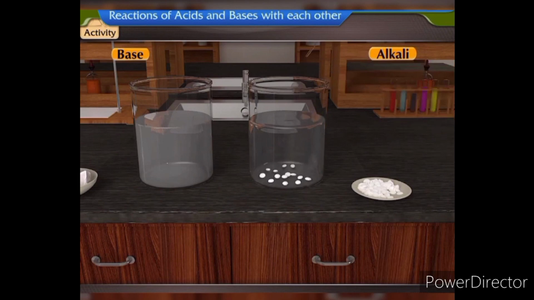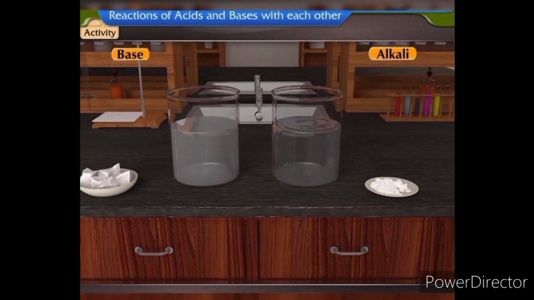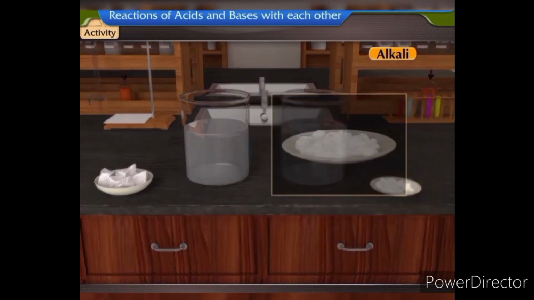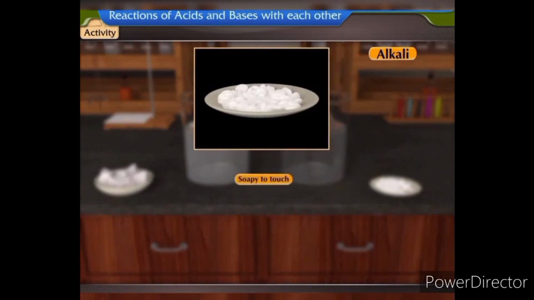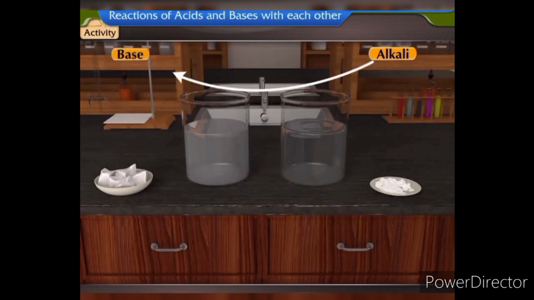The bases which dissolve in water are called alkalis. Alkalis are soapy to touch, bitter to taste, and corrosive. All alkalis are bases, but all bases are not alkalis.